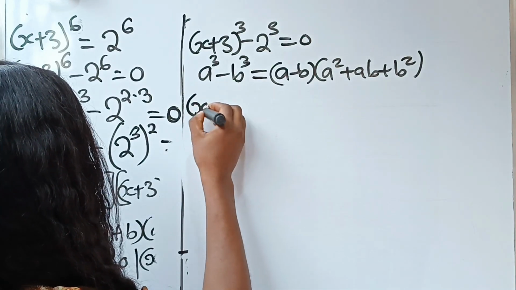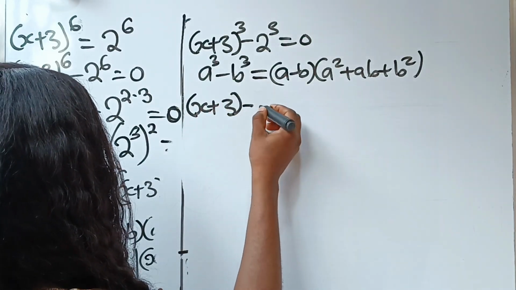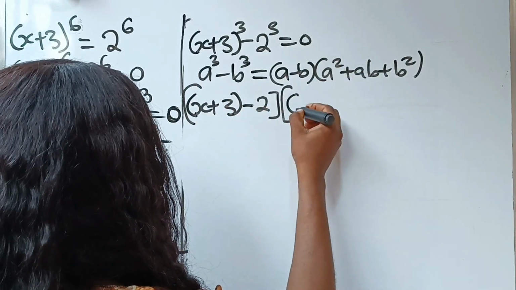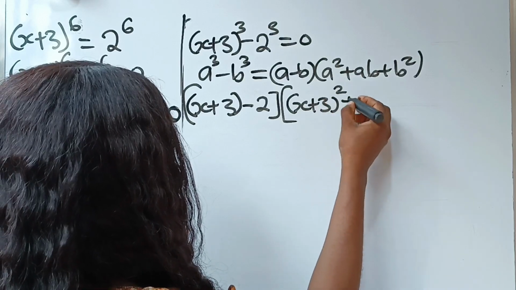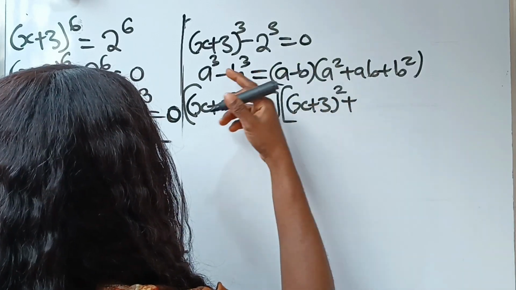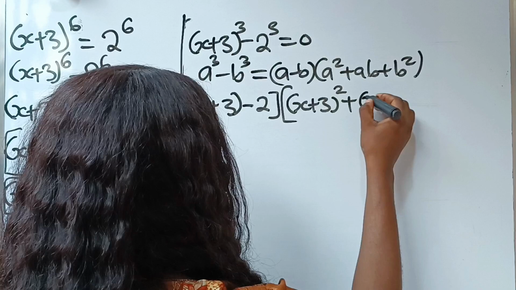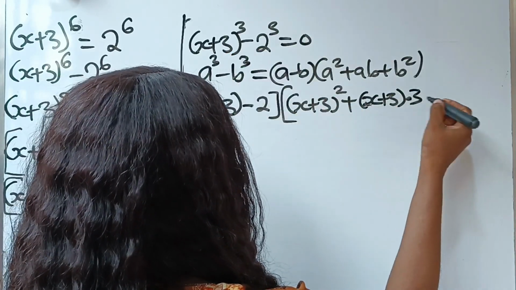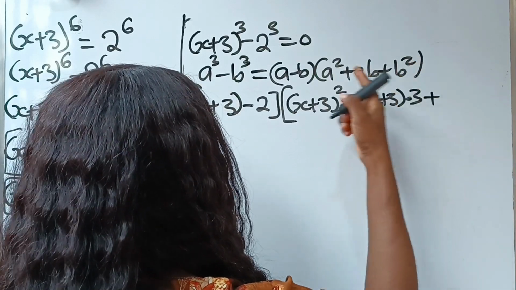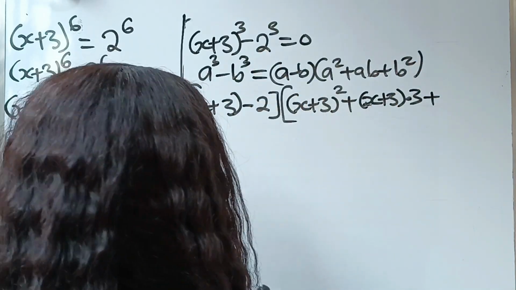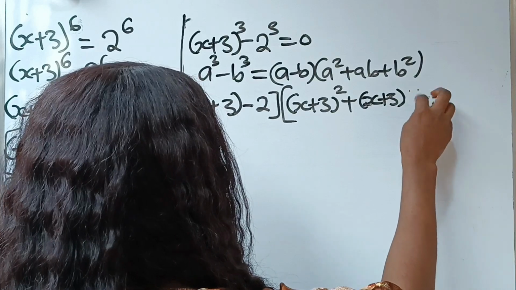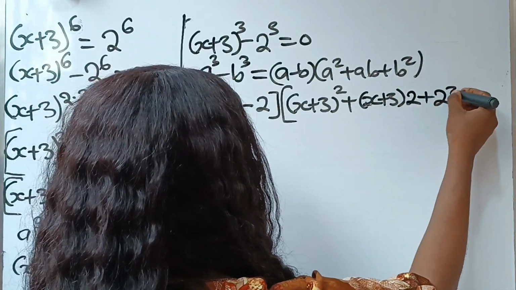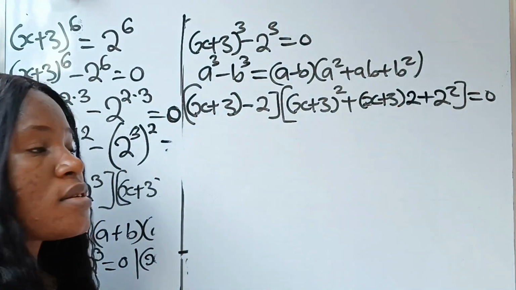So we now write x plus 3 minus 2, open bracket, a squared, that is x plus 3 squared, plus ab, that is x plus 3 multiplied by b, our b is 2, then plus b squared, that is 2 squared, and this is equal to 0.